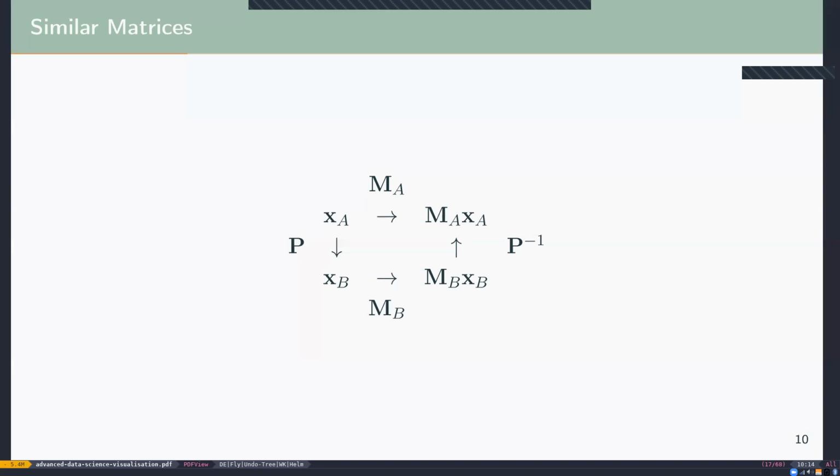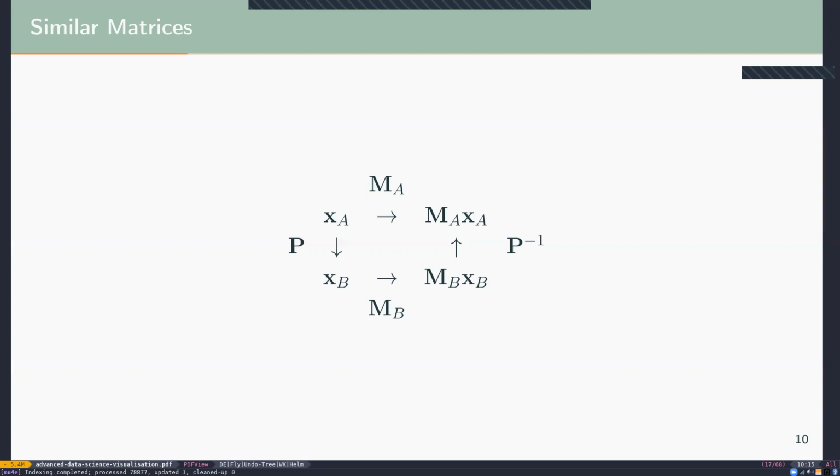So to introduce this, we are going to use something called similar matrices. So it's a very simple concept that you probably know about. So I have two linear maps, MA and MB, and I got a transformation matrix P. Okay, so this sketch here just shows how all these things hang together.